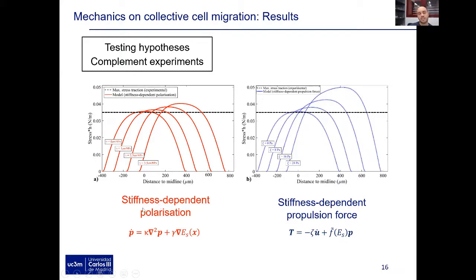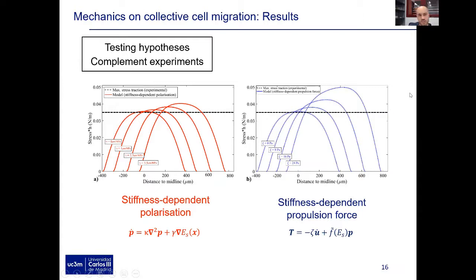For this stiffness-dependent polarization, we can explain the movement towards the stiffer region, and we can keep the symmetry in the stress distribution, and it only implies a slight increase in intercellular stress. But if we follow these propulsion force dependent approaches, we are breaking the symmetry of the stress concentration, and if we want to explain it that way, it means we are assuming a higher increase in intercellular stress.